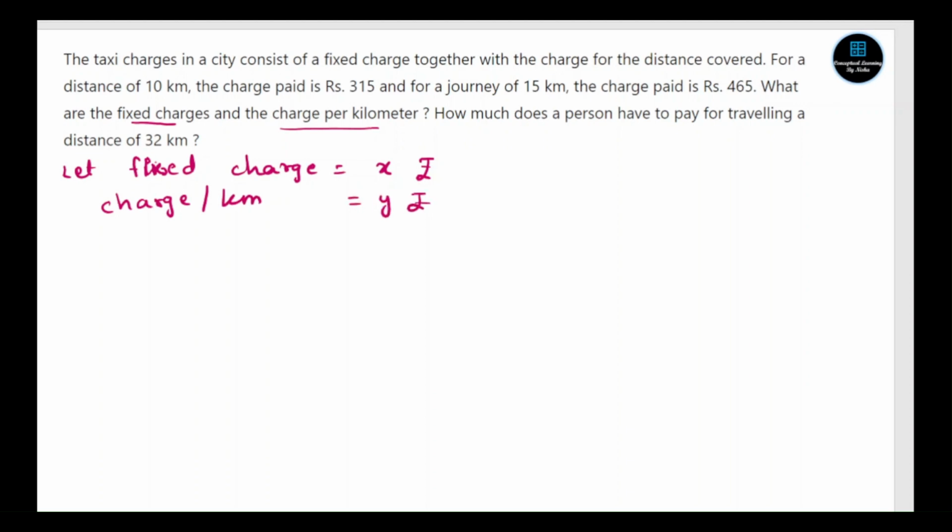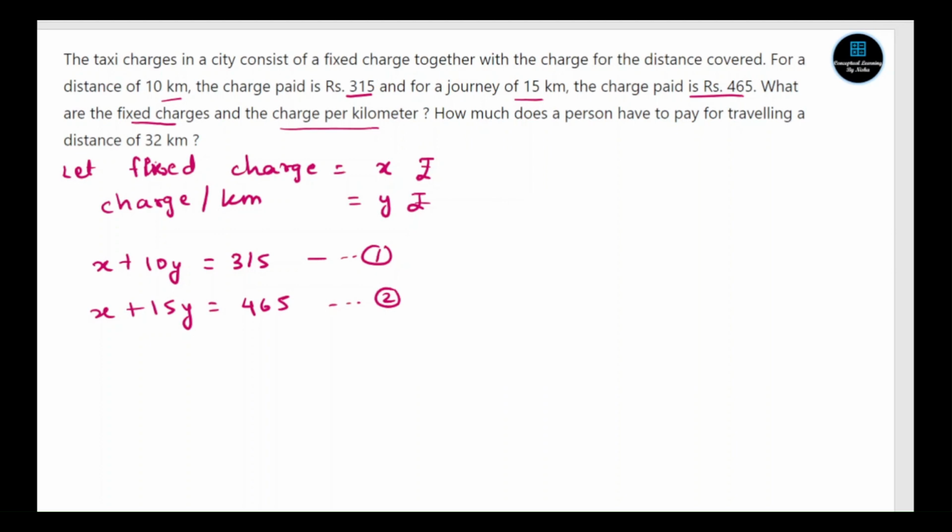Now let's form the equation. What they are saying, for 10 kilometers we have to pay 315. So fixed charge plus 10y equals 315. So this is the first equation, and same way for 15 kilometers the charge paid is 465. So x plus 15y equals 465. So this is equation 2.